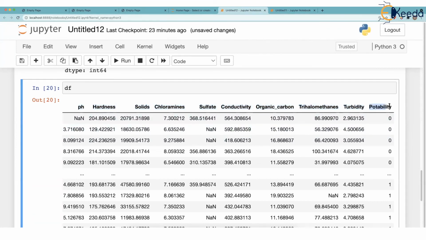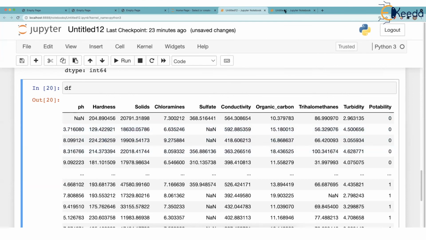At how many places you have 0, at how many places you have 1. But what are you going to count here? How many places are 204.89, or how many places are 129.42? What are you going to achieve by that? This is a real number, a float value. So value counts will always be used with countable values. I hope you are understanding.